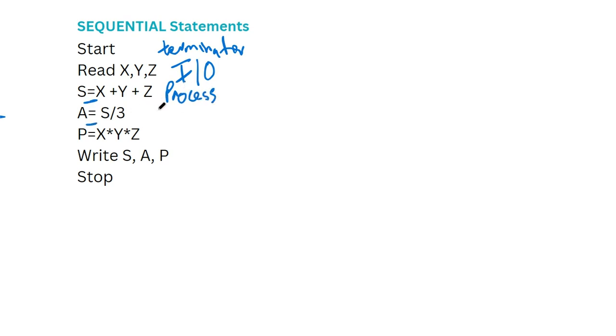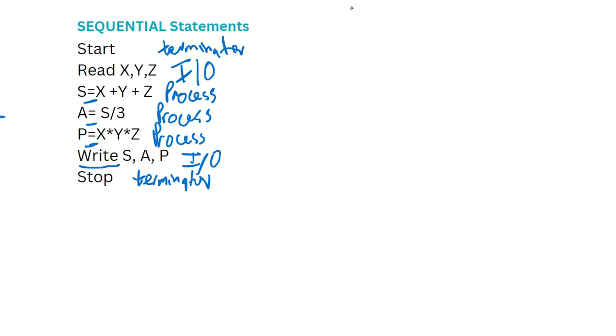Equal sign again, doing some calculation, so this is another process box, right? Again, equal, process. And this is write, which is another input output box. And this is a terminator. All right?